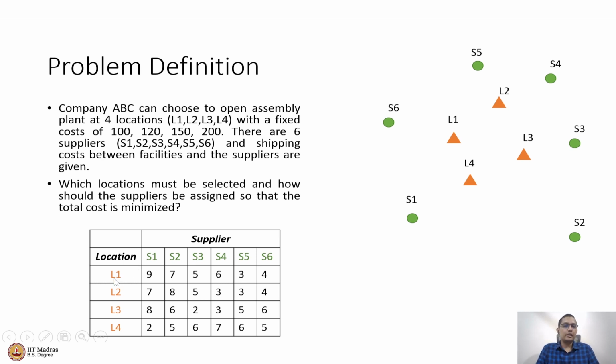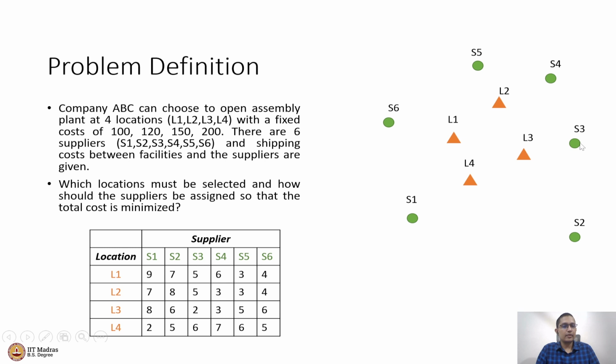So we said ABC is an electric vehicle manufacturer. So let us say that supplier one is going to send batteries, a full truckload to L1. So for delivering the product from S1 to L1, this incurs a shipping cost of 9 units.